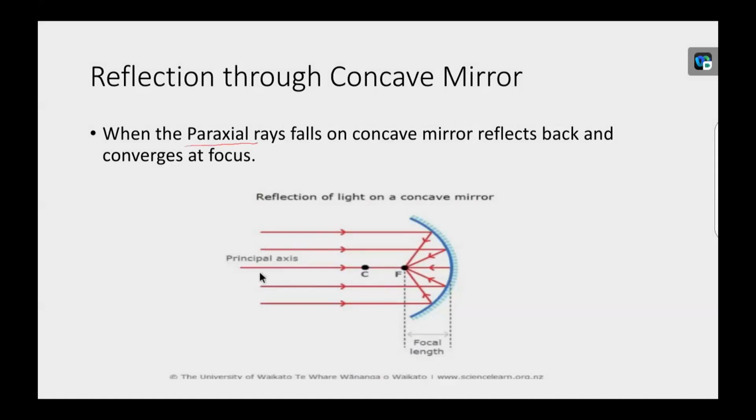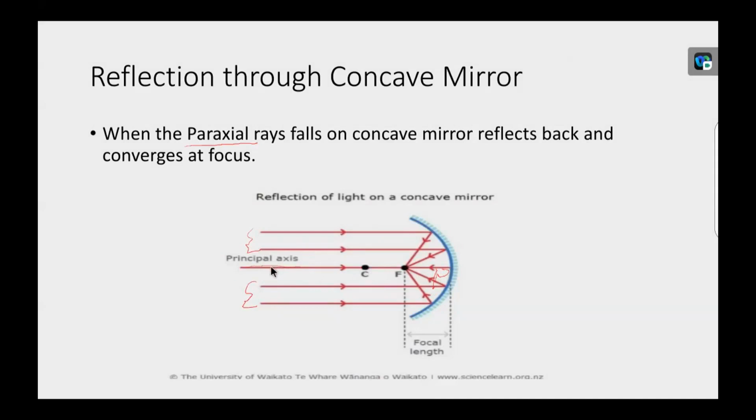Paraxial rays means the rays which are parallel to the principal axis. The line passing through the center of curvature and the pole of the mirror, where P is the pole of the mirror, is called the principal axis.